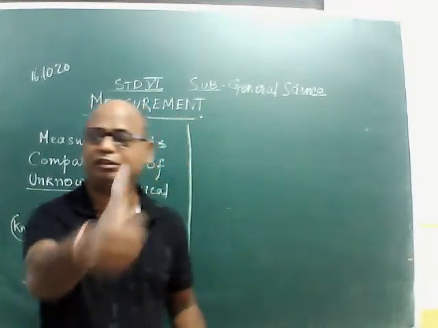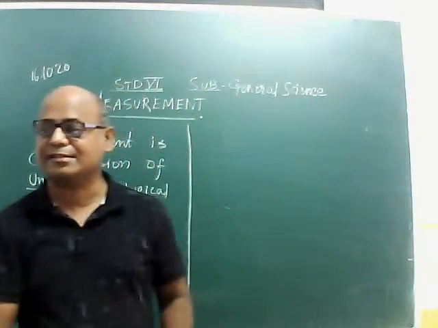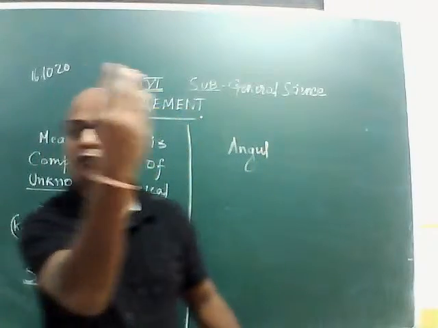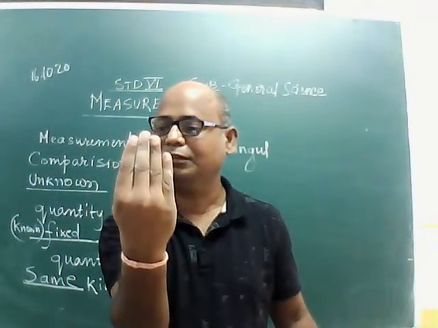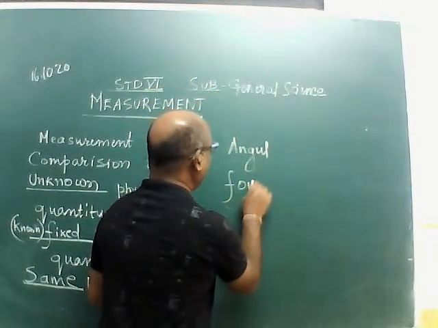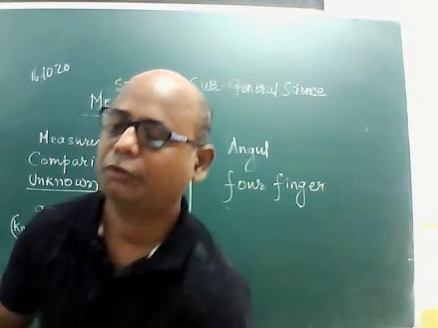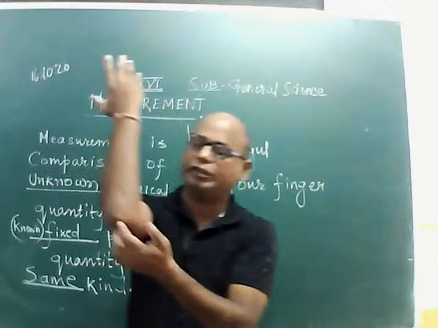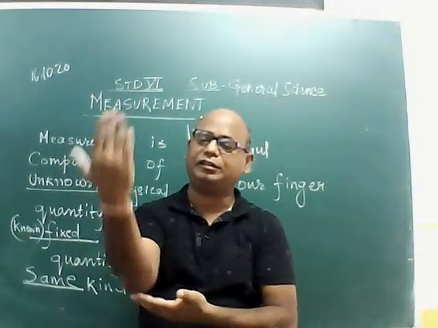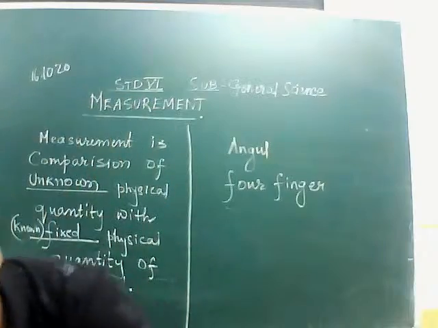For example, thumb, that is known as angul. For example, forefinger. For example, cubit. From here to the tip of the middle finger. The length from the center of the elbow to the tip of the finger. That is cubit.